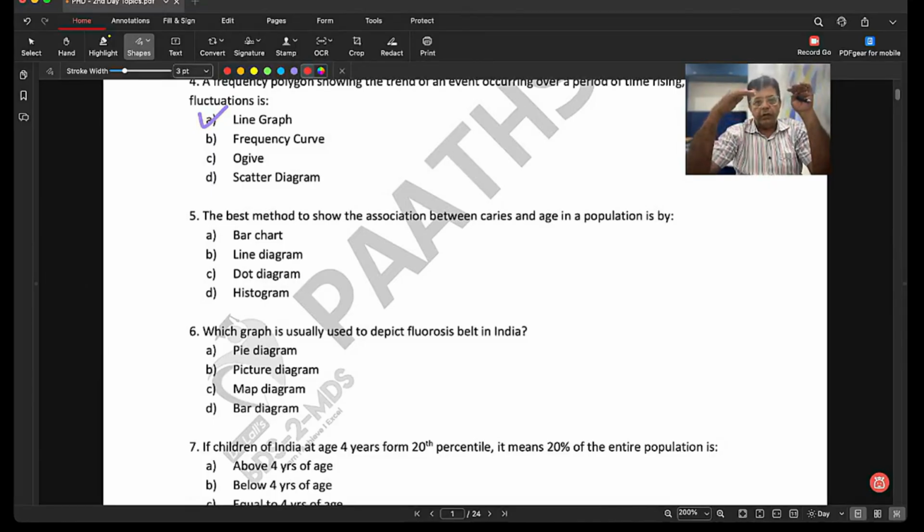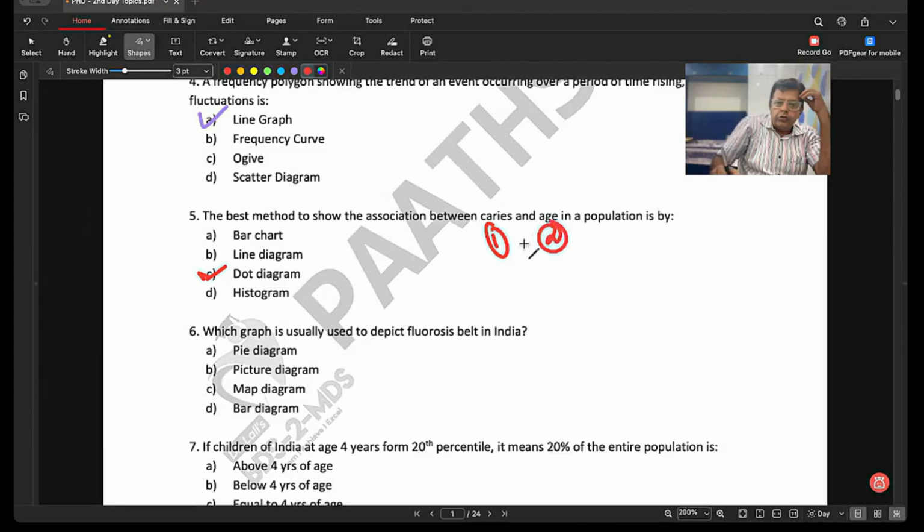Generally the variable will only be on the x-axis and the y-axis will have the frequency, but it is only this diagram where you have both. So the correct answer is dot diagram, because there are two variables, variable 1, variable 2.